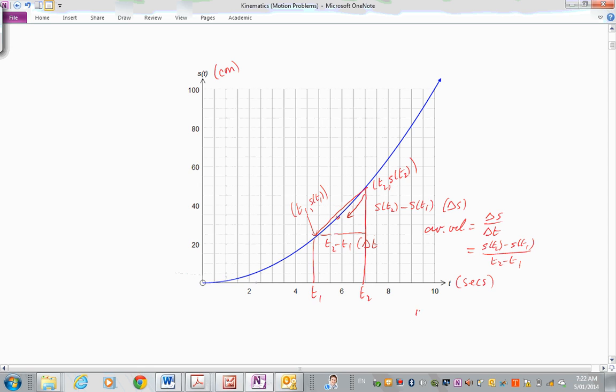So we're going to say the instantaneous velocity is the limit as our delta T tends to naught of our S of t2 take S of t1 over t2 take t1.